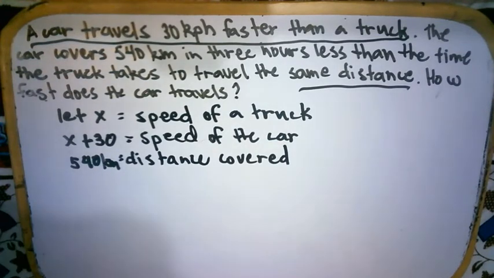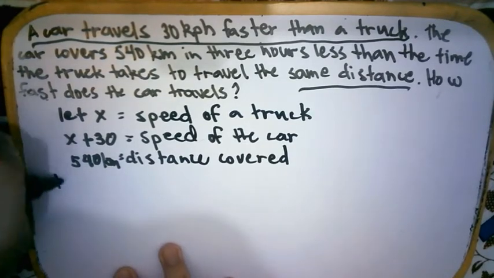So, for example, another example, kung yung car na-cover niya yung 540 kilometers ng, for example, in 5 hours, therefore yung 540 kilometers ay na-cover ng truck in 8 hours. So, ibig sabihin, the time of the truck minus the time of the car is equal to 3. So, yun yung kasunod nating magiging equation.